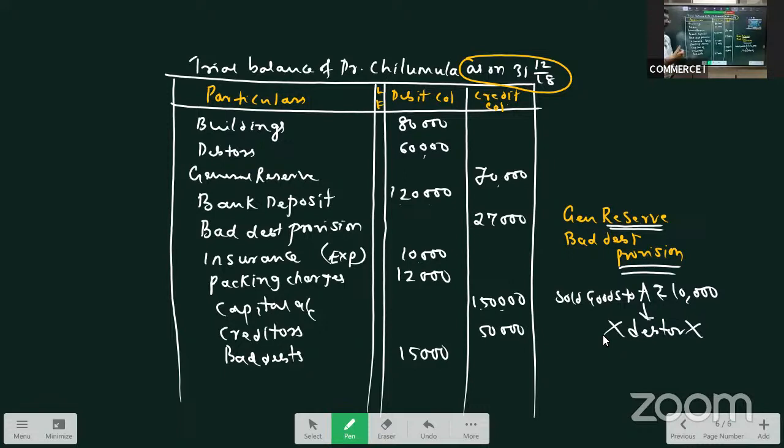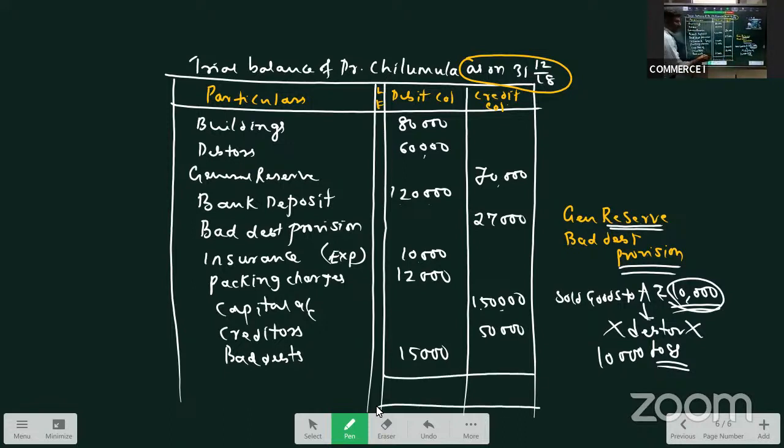Or he ran away, he is absconding. Then for the firm, this 10,000 is an irrecoverable loss. So this irrecoverable amount is called bad debt. Isn't it loss to the firm? Yes, it is. So it has to be debited.